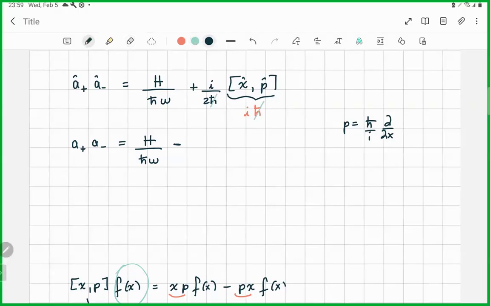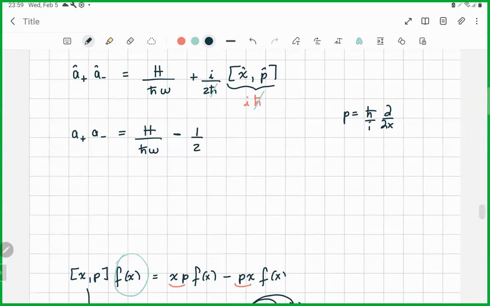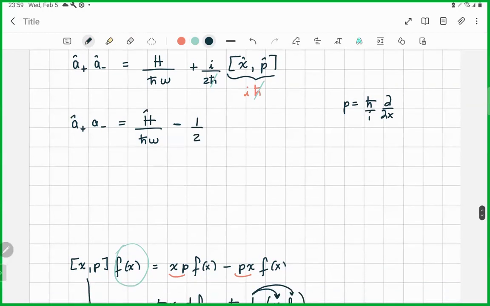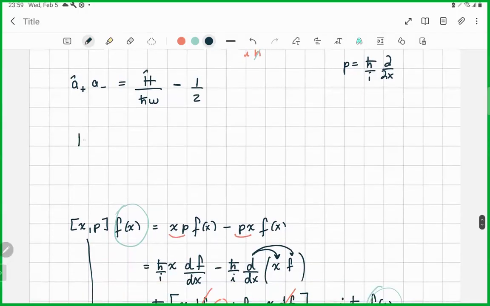So we end up with minus half. Very good. So now we have our Hamiltonian. Let's write it. The Hamiltonian is equal to what? a plus a minus plus half. So we finally get that the Hamiltonian is h bar omega, a plus a minus plus half.